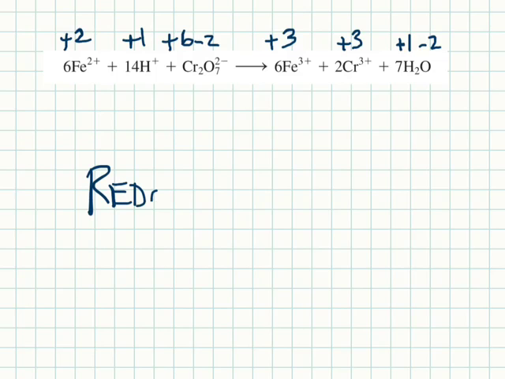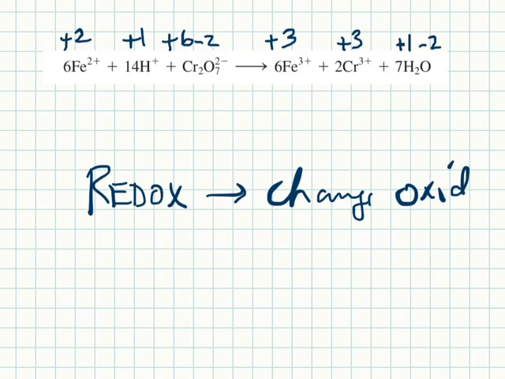It's a redox reaction because it has changing oxidation states. As soon as we saw the Fe2+ become Fe3+, that's all I needed to see to decide that there was changing oxidation states.